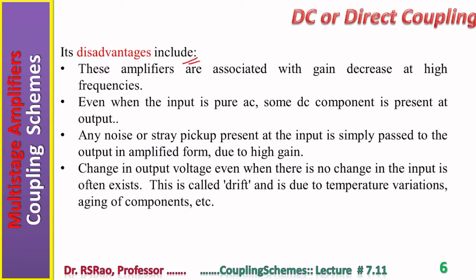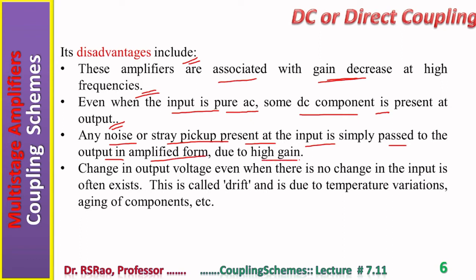Disadvantages are also there. What are they? These amplifiers are associated with gain decrease at high frequencies. Even when input is pure AC, some DC component is present at the output. Another disadvantage: any noise or stray pickup present at the input is simply passed to the output in an amplified form due to high gain.